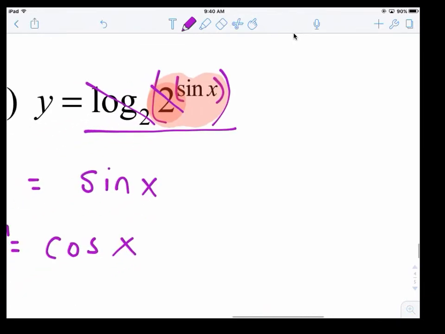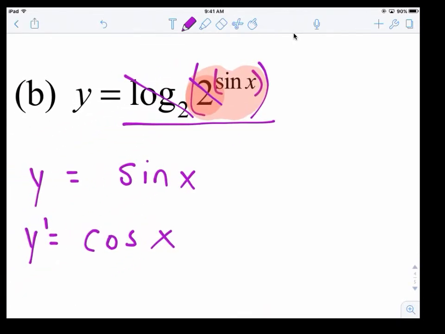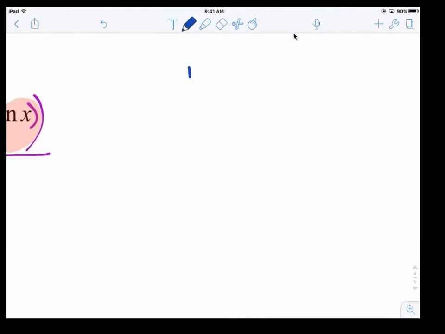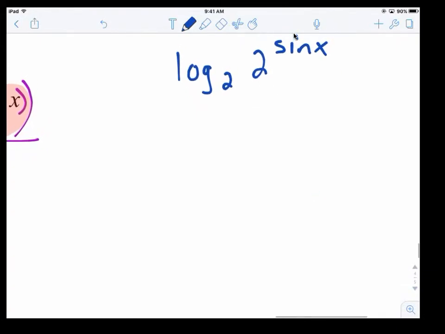But we should just practice it. All right, let's just practice finding it, because you're going to get the same answer anyway. 2 to the sine of x.